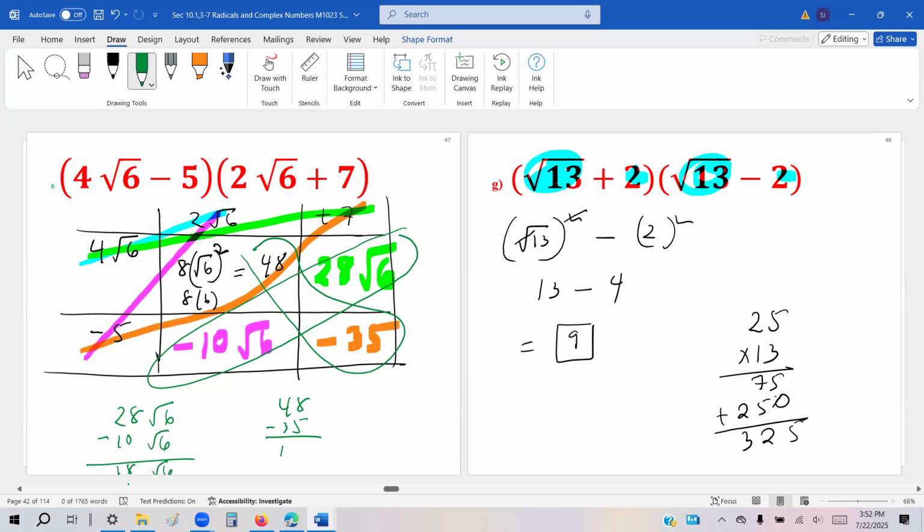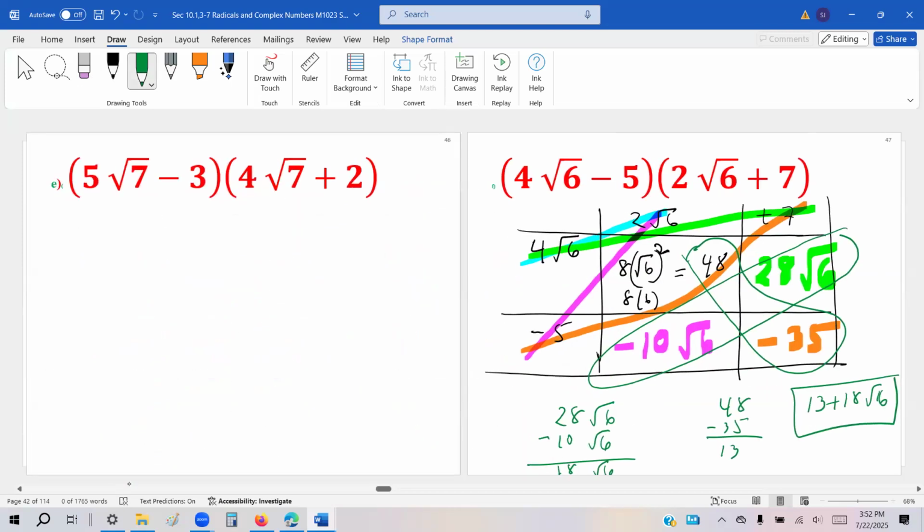So the answer is 13 plus 18 root 6. So if you find foiling is hard, do the box. Whatever is easier for you.